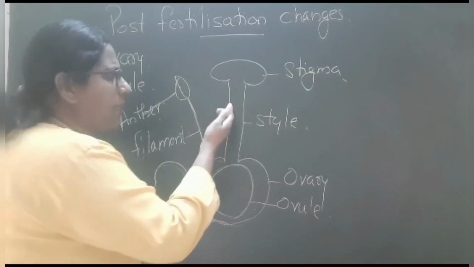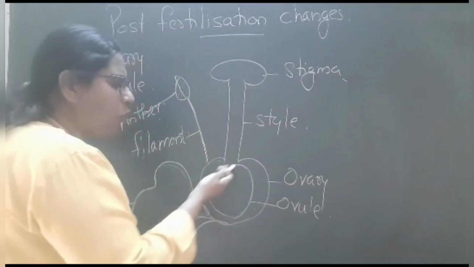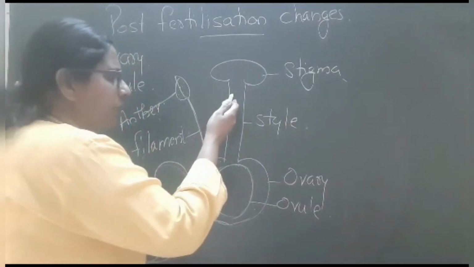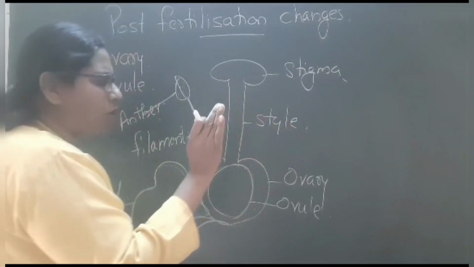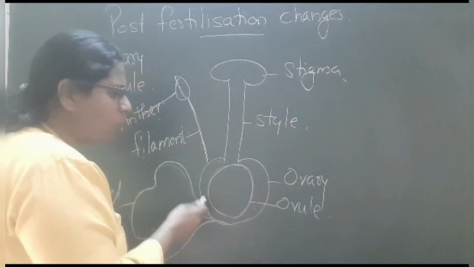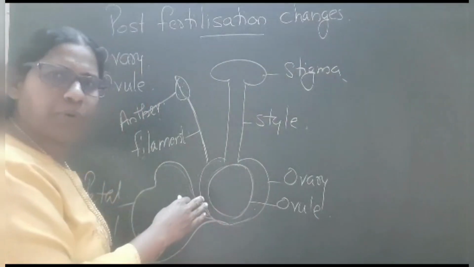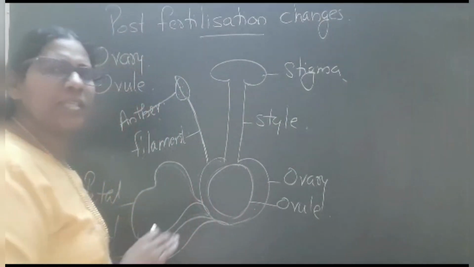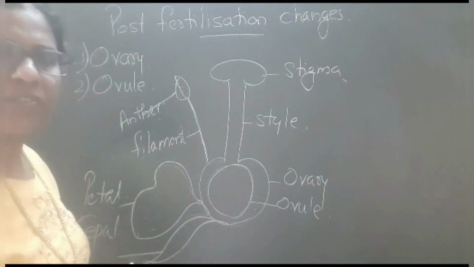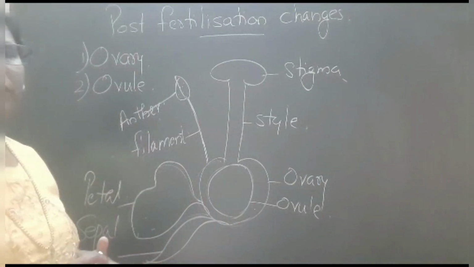Then carpel parts, that is stigma, style, ovary, and then ovule. From this carpel, stigma and style will fall off. The remaining ovary grows and turns to fruit. Then inside the ovule turns to seed. That is what changes take place in the flower after fertilization.